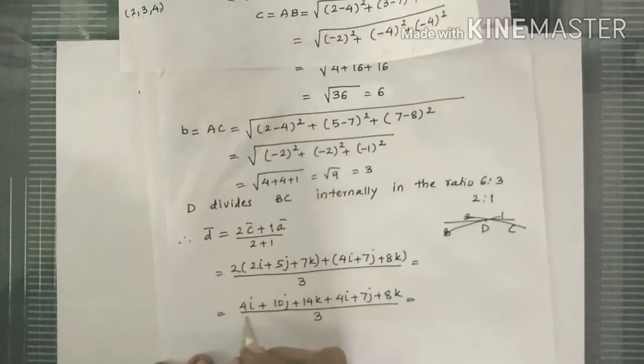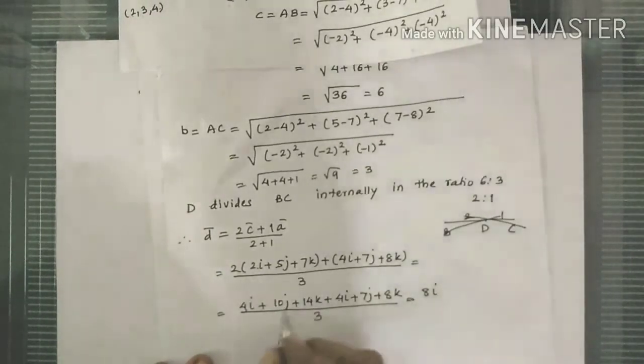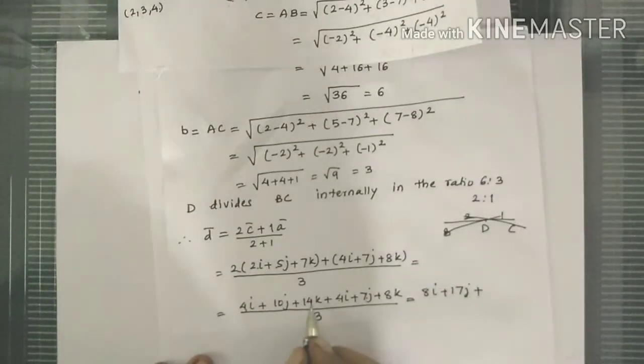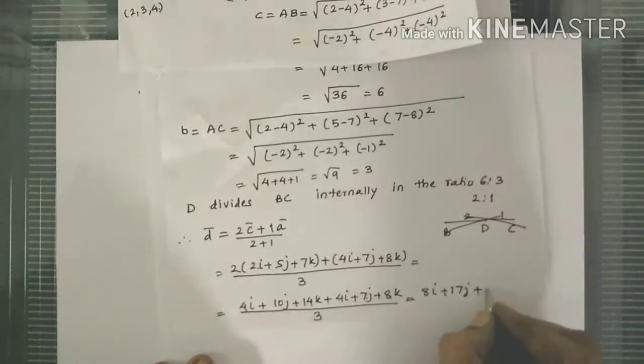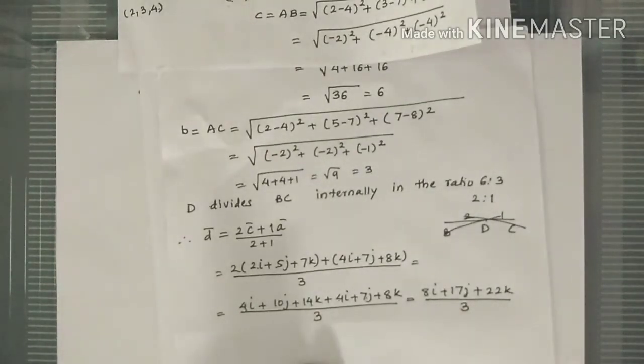Now considering term in i, we have 4i plus 4i, that is 8i, 10j plus 7j, that is 17j, plus term in k, 14 plus 8, that is 22k, divided by 3. So this is position vector of point D, that is D bar.